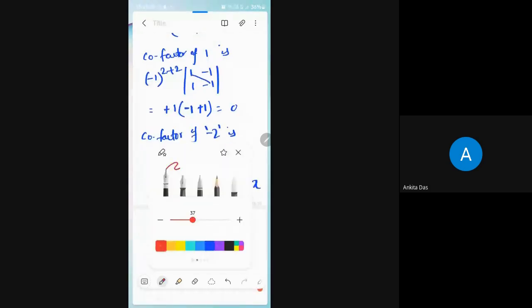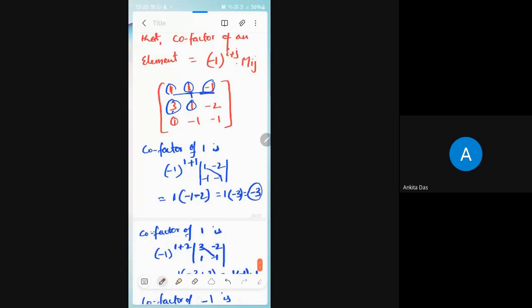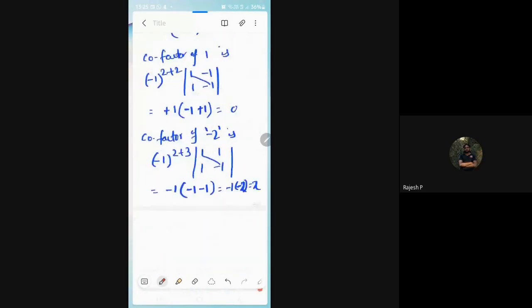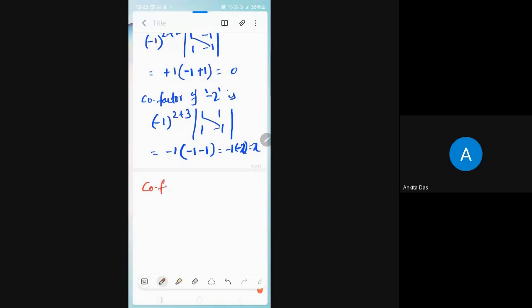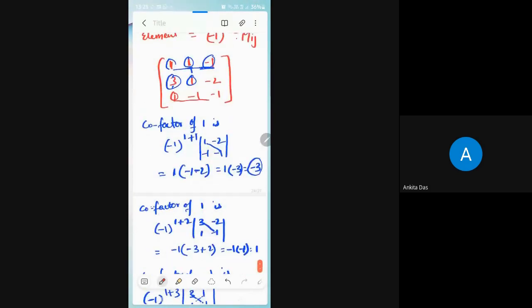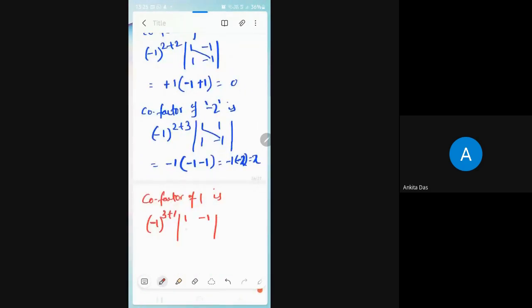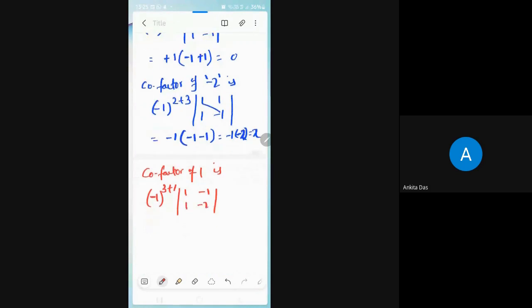Now we're moving to the 7th element. The cofactor of the seventh element, which is 1, is minus 1 to the power of 3 plus 1, as this is in the third row and first column, into the determinant of: leaving the third row and first column, you will get 1 minus 1, 1 minus 2.